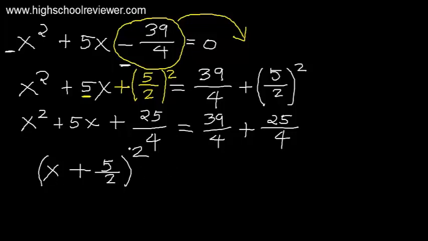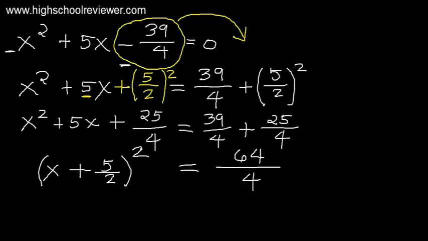This is our perfect square. And then we are going to add the terms on the right. Since our denominator is the same, we will just copy that and then add the numerators. So 39 plus 25 will give us positive 64, all over 4.